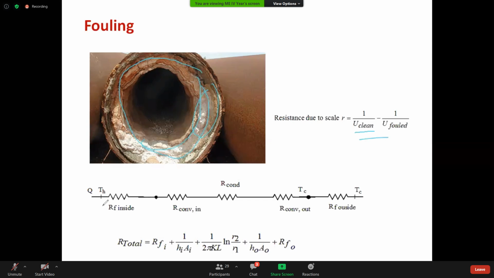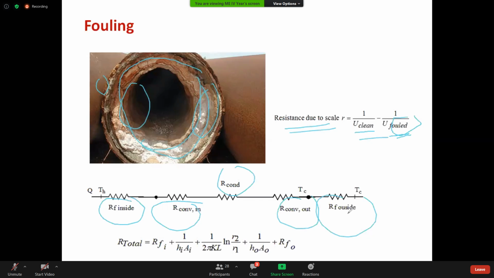Here it is the RF inside, the fouling factor. Convection, conduction, again convection, then RF outside. Inside and outside, you have to take the rust or fouling. The resistance due to scale is 1 by U clean minus 1 by U fouled or dirty. Right?